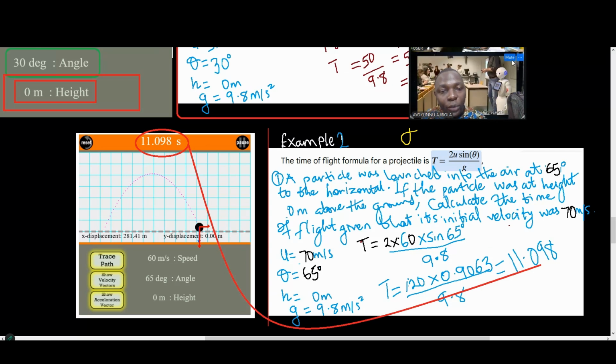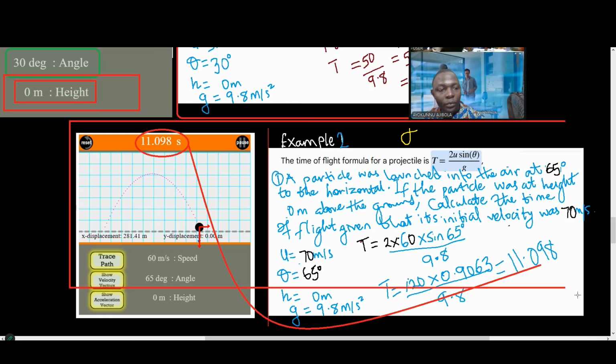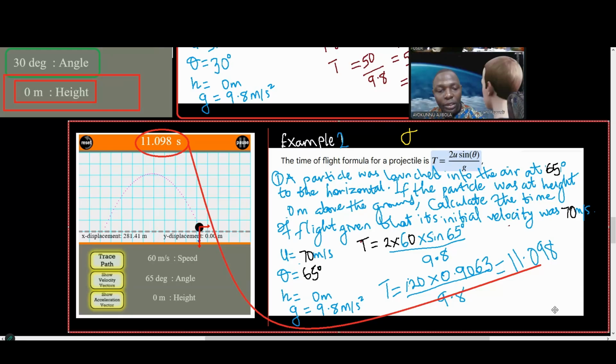Write the question again. The parameters have changed. So write the second question down and the solution. Yes, sir.